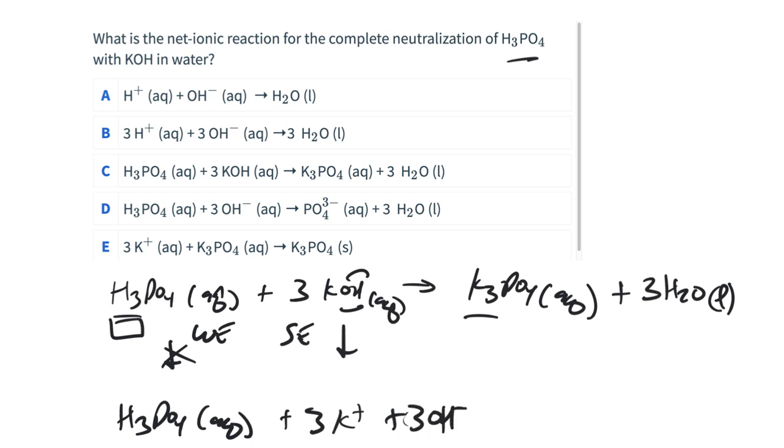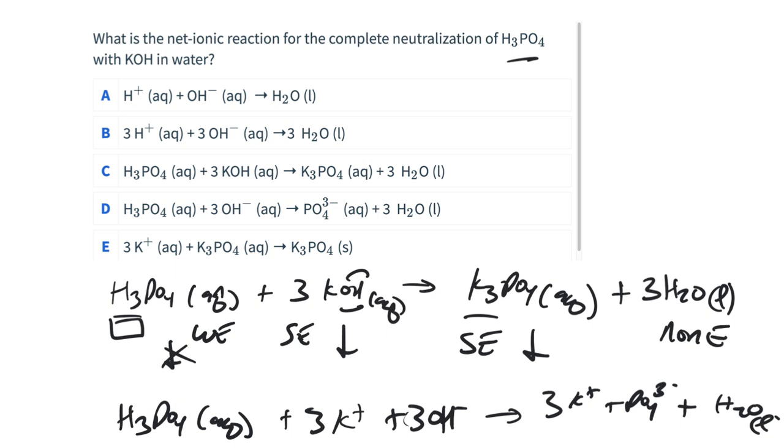I could write aq after those ions, but I'll save the time. 3K plus and a phosphate ion because K3PO4 is a strong electrolyte. Then I leave water intact because it's a non-electrolyte. So I only dissociate my strong electrolytes, so only dissociating the water-soluble ionic compounds and the 7 strong acids.